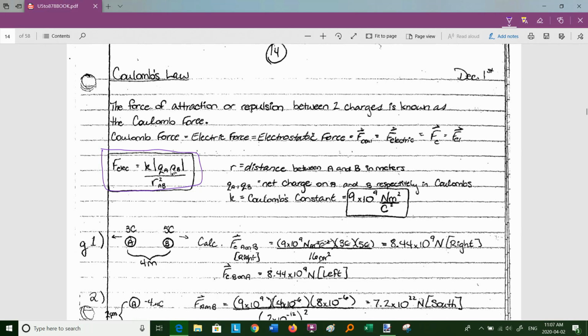Increase the charge in both of them, increase the force by the proportional same amount. Farther away the charges are from each other, the less the force.